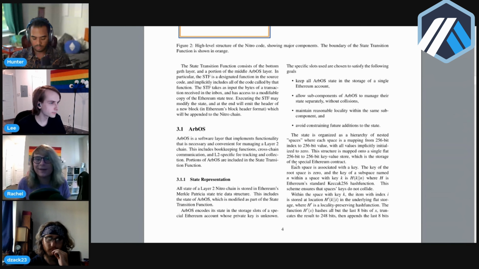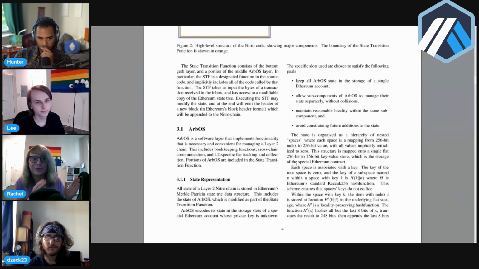There are some technical details on this page about how exactly we represent state. You might find this interesting if you're looking in the explorers: there are some special addresses that start with the letter prefix for ARBOS. We actually store the state of the state manager in a special contract.